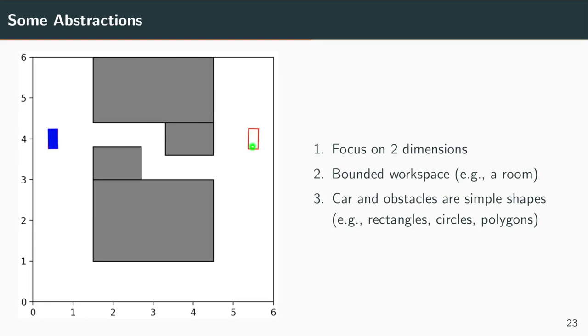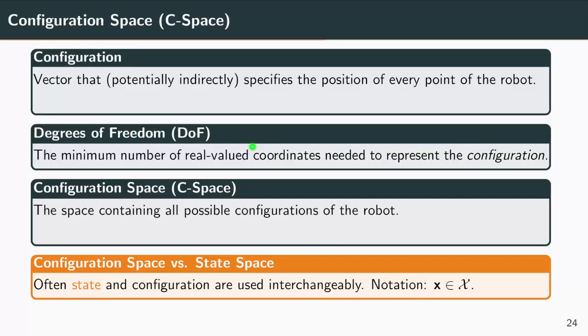And so before we can actually define the problem, we have to look at some of these formal notations. So the first important one is what's known as a configuration.